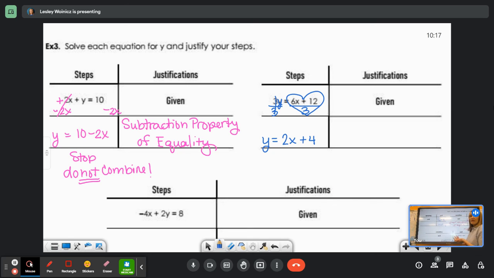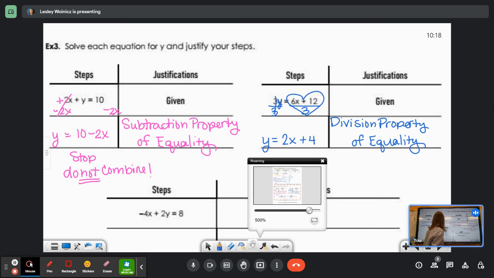Now it looks kind of like my other one. I'm done. I stop. There's nothing else to do. That was the division property of equality.